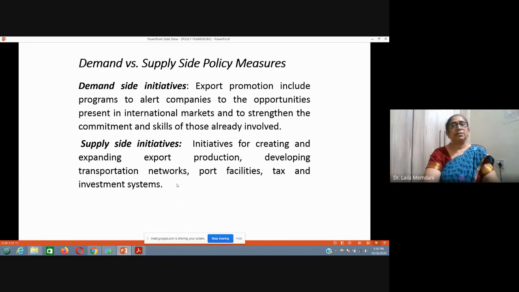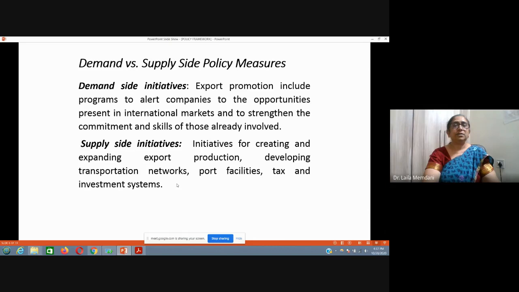Now, government follows broadly demand versus supply side policy measures. Demand side initiatives include export promotion, which include programs to alert companies regarding the opportunities in the international markets and to strengthen the commitment and skills of those who are already involved in exports. Then there are supply side initiatives.